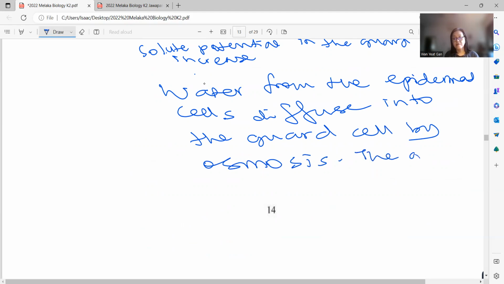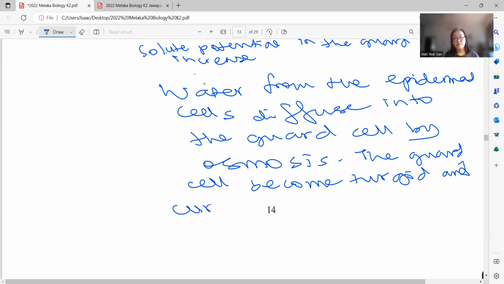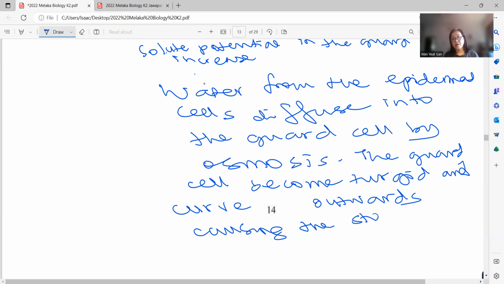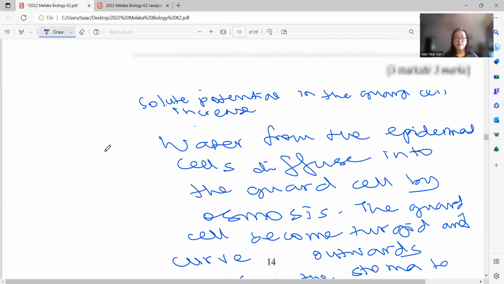So the guard cell will become turgid and curve outwards, causing the stoma to open. Okay, so it's a very long answer here.